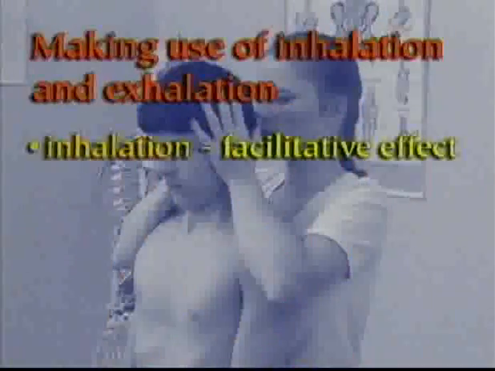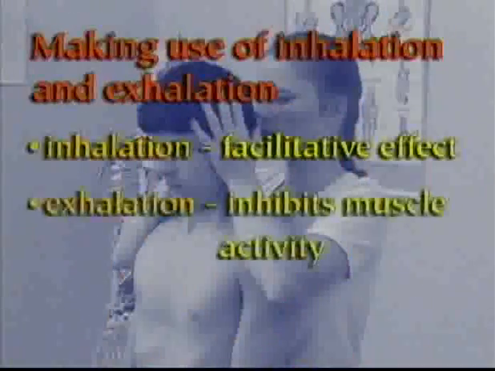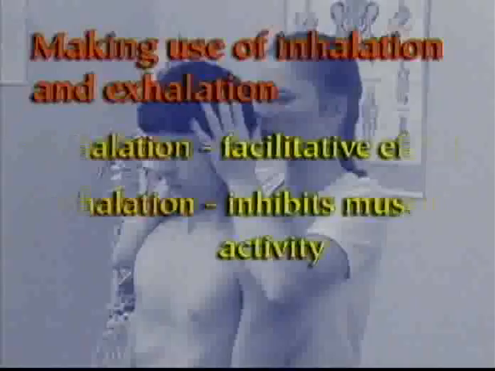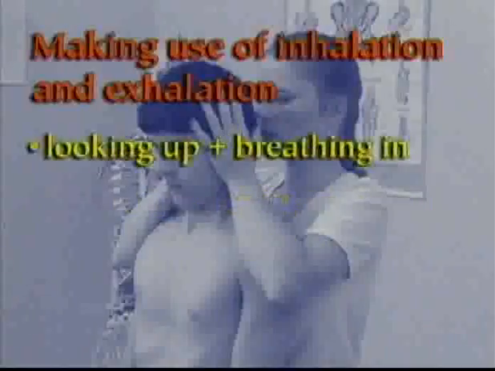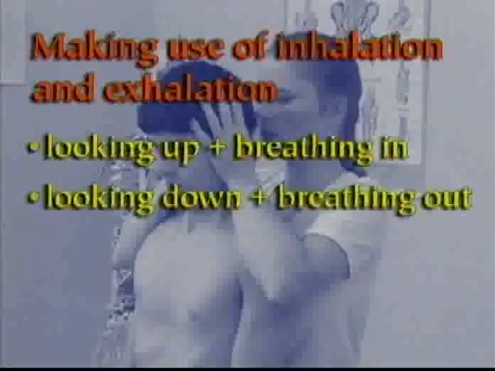Inhalation and exhalation have an even more important influence on the trunk musculature. In most cases, inhalation produces facilitation and exhalation inhibition of muscle activity, but there are exceptions to this rule. In addition, it's important that looking up facilitates inhalation and looking down exhalation.